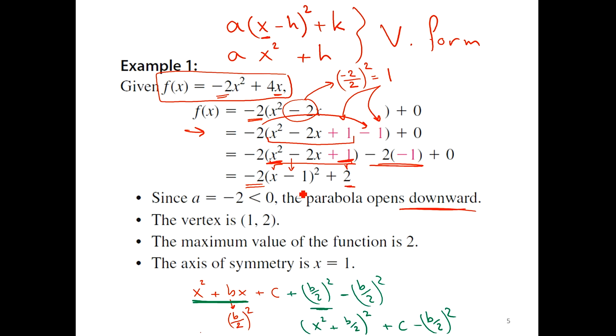And the vertex, we can take this as 1 and 2. This is the vertex. Is this vertex maximum or minimum? This is maximum because the parabola is concave down. So the vertex 1 and 2 is the maximum value.